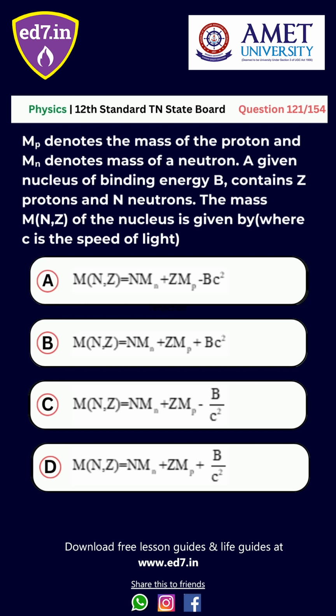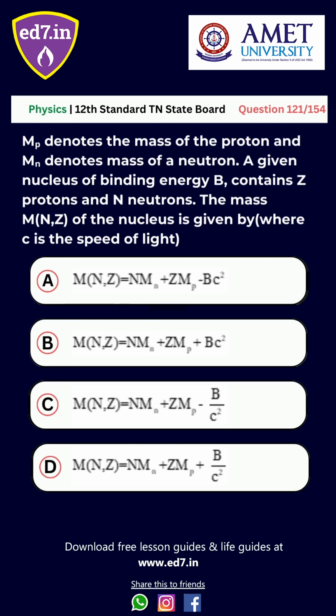The mass M(N,Z) of the nucleus is given by, where c is the speed of light: option A, M(N,Z) equal to N Mn plus Z Mp minus Bc square; B, M(N,Z) equal to N Mn plus Z Mp plus Bc square; C, M(N,Z) equal to N Mn plus Z Mp minus B by c square; D, M(N,Z) equal to N Mn plus Z Mp plus B by c square.